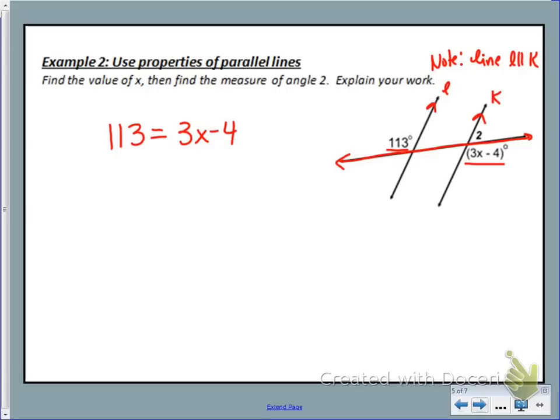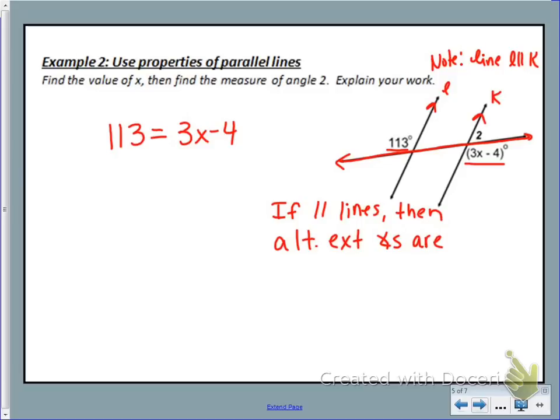Our reason for that: if parallel lines, then you're going to describe what kind of angles those are. Are they corresponding, alternate exterior, alternate interior, and so forth? These happen to be alternate exterior angles. Then you're going to say what they are. Are they supplementary, complementary, or congruent?